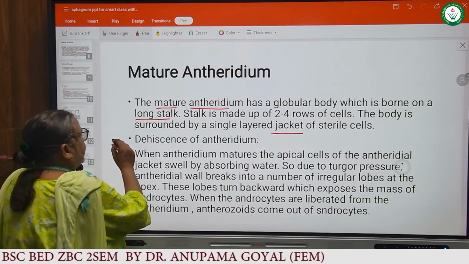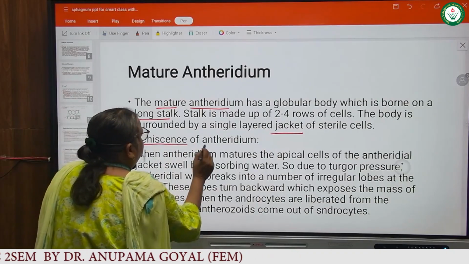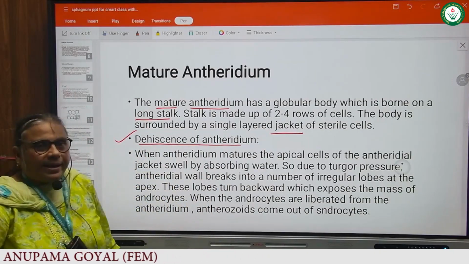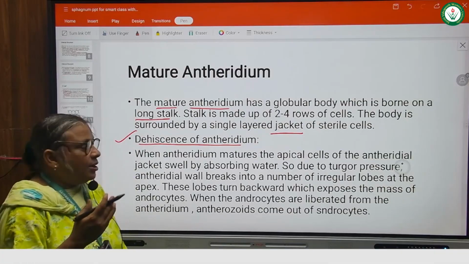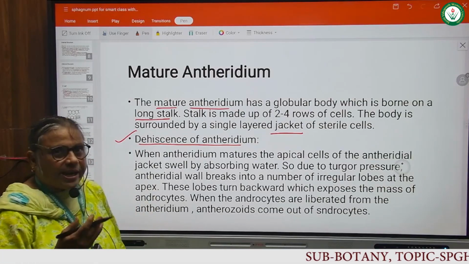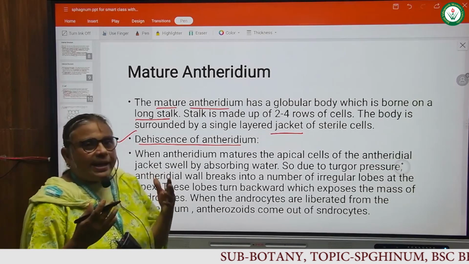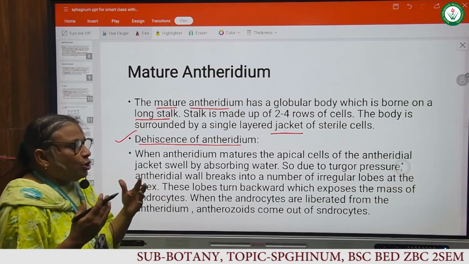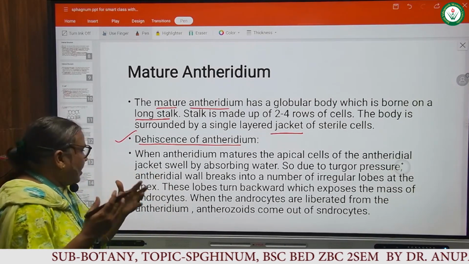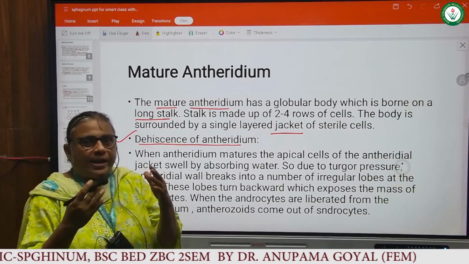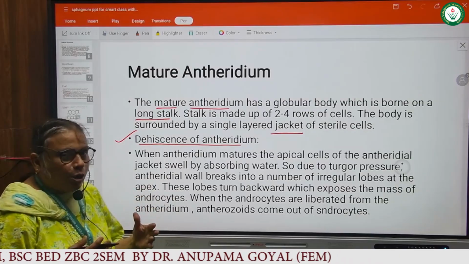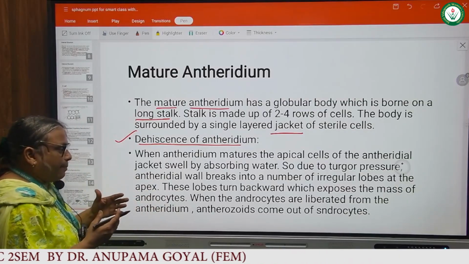Now the dehiscence of the antheridium in Sphagnum. When the antheridium matures, the apical cells of the antheridial jacket swell by absorbing water. Due to the turgor pressure, the antheridial wall breaks into a number of irregular lobes at the apex.